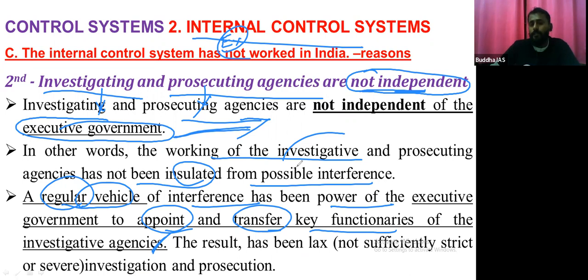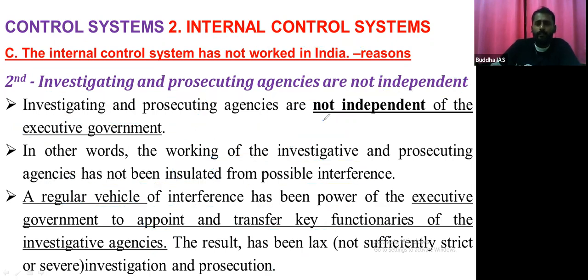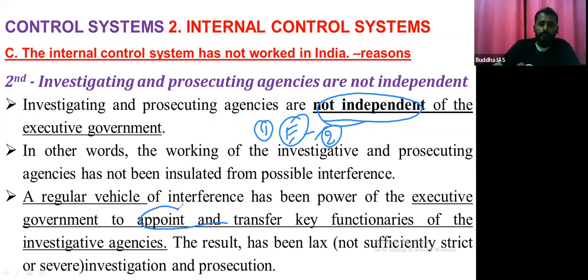The result has been a lack of proper investigation and prosecution. Because of this, the investigation is not being done properly. So it is not independent of the executive, that is the first point. Transfer and appointment are in the hands of the executive, and by these things he somehow controls.